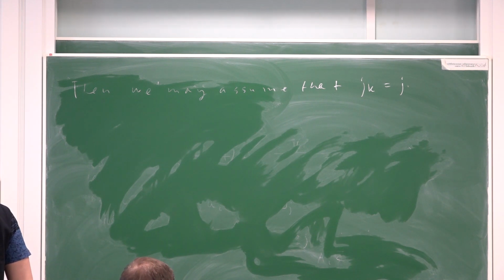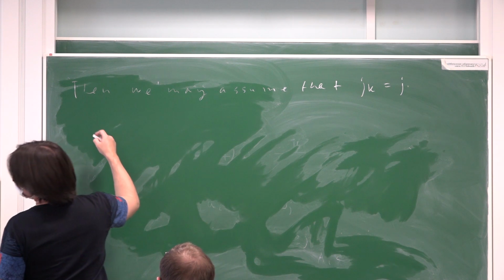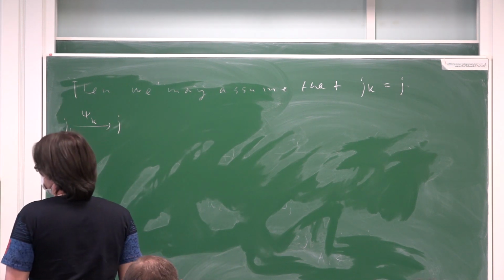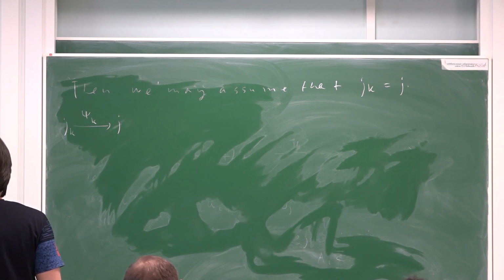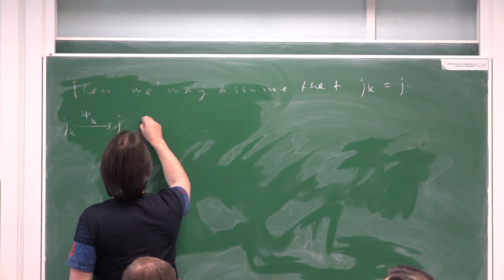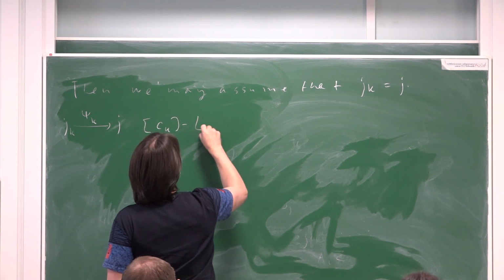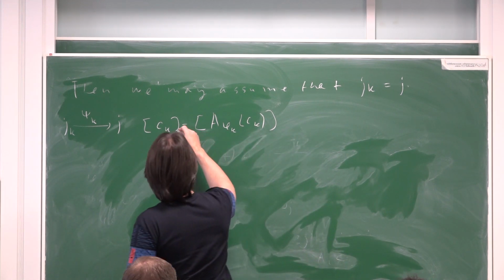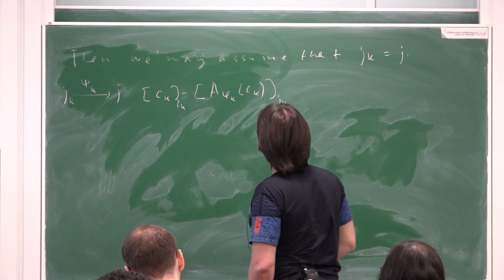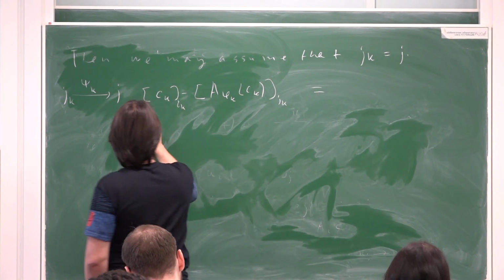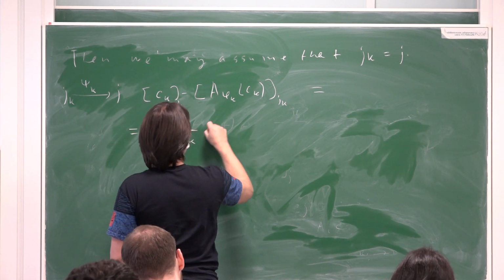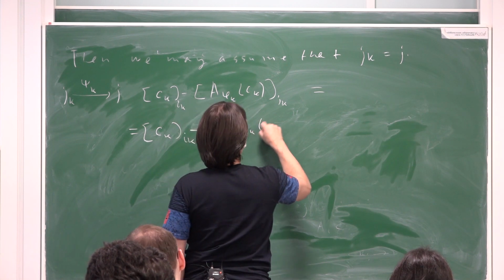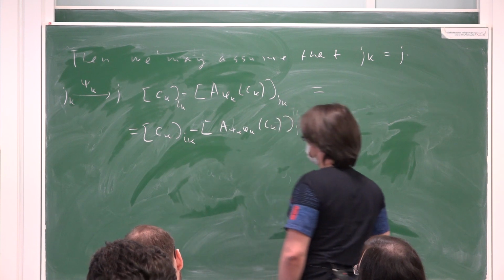Because since we have some psi_k from j_k to j, then we may take the expression c_k in the component i_k, minus A phi_k of c_k in the component j_k, and substitute it by the following expression: c_k in the component i_k, minus A phi_k of c_k in the component j.